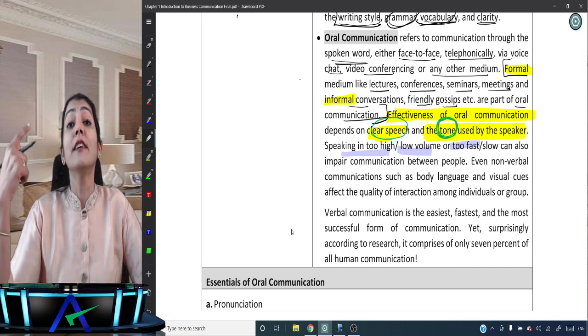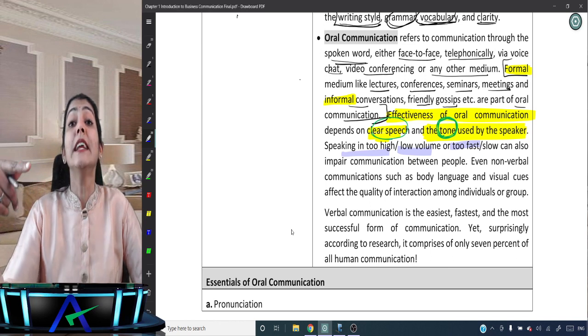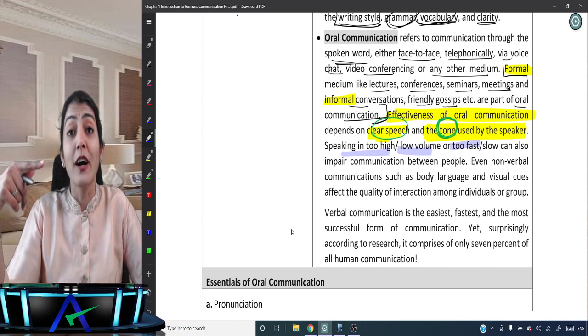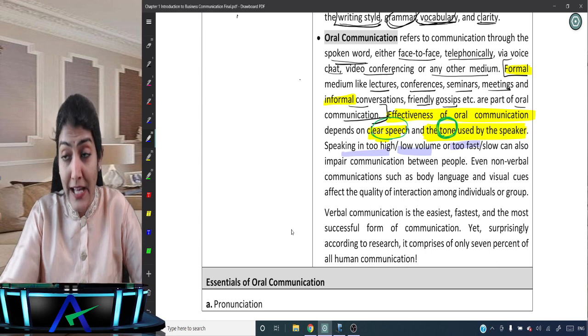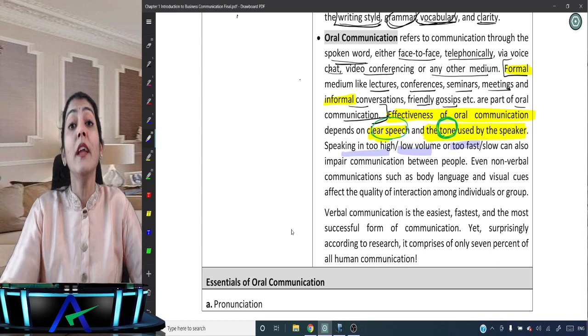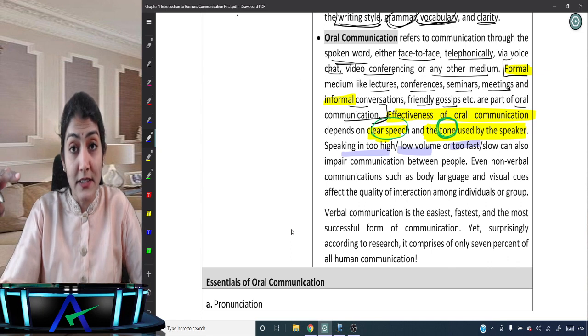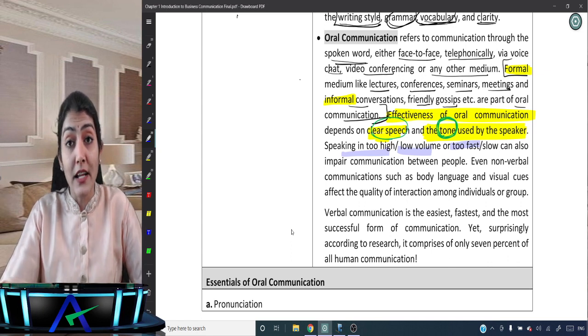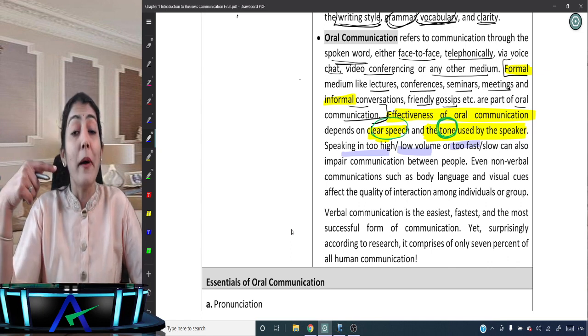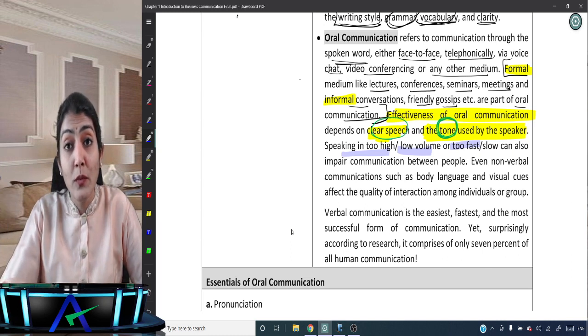After finishing the types of communication, we will start the discussion regarding the barriers to communication.